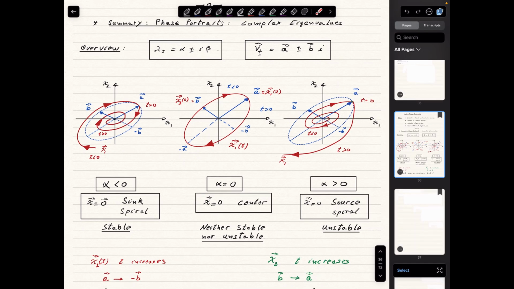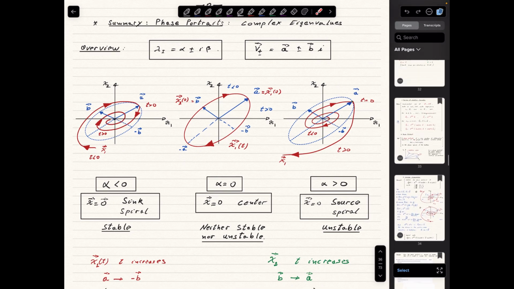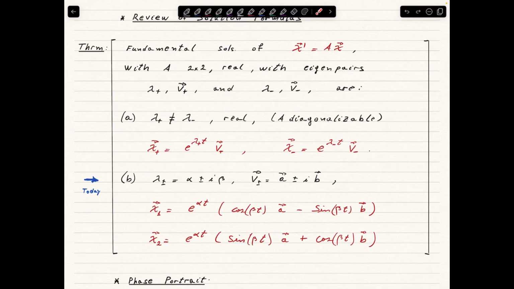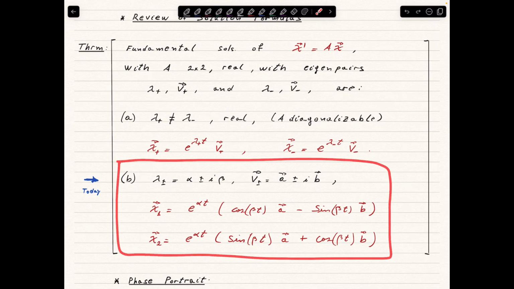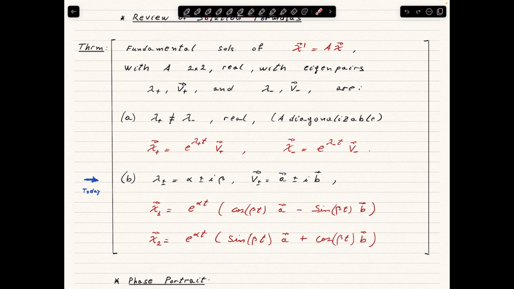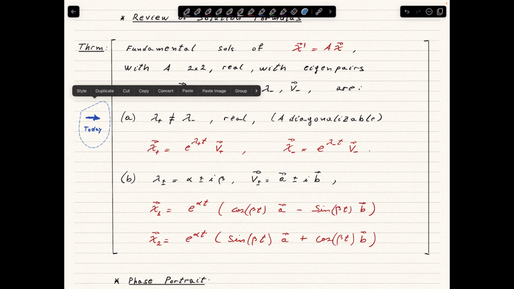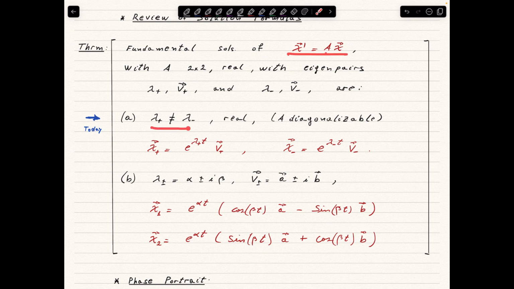Okay, now let's move on to our last case. Recall we studied the case of solutions of our 2x2 system with complex eigenvalues for the characteristic matrix, and now today we are going to move to the case where the coefficient matrix in the system has real and different eigenvalues.